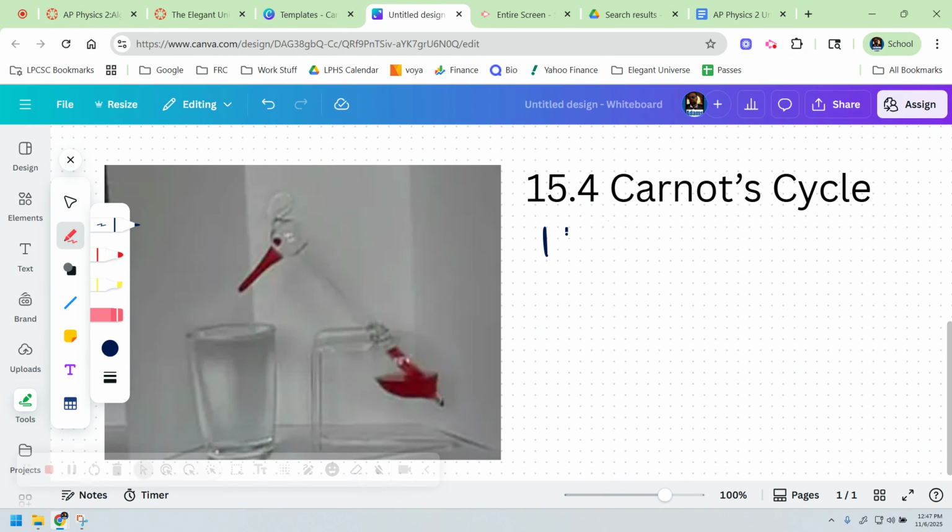All right, so heat transfers are not 100% efficient.